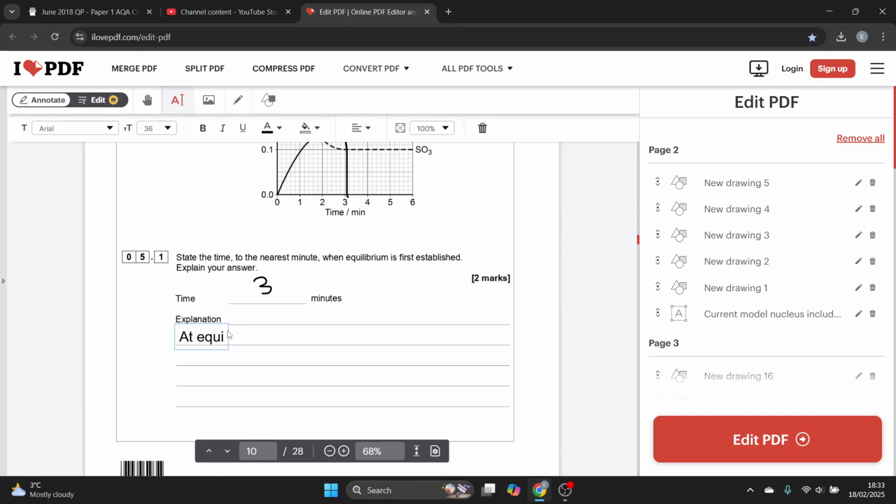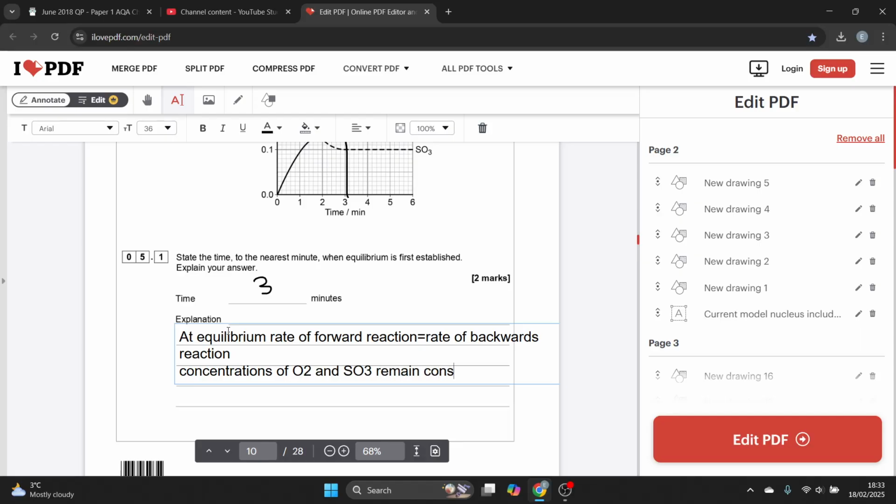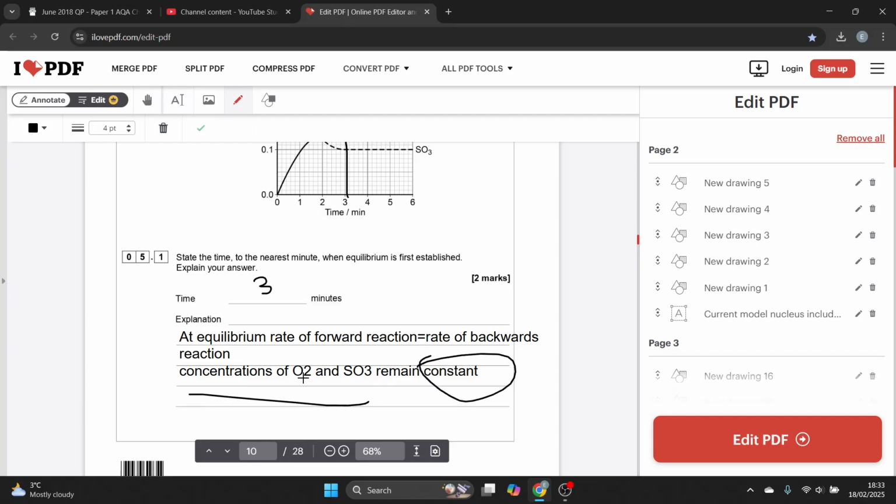The rate of forward reaction equals the rate of backward reaction. Hence, the concentrations of O2 and SO3 are not the same, they just remain constant, and you really need to say that. The concentration of O2 and SO3 remain constant.